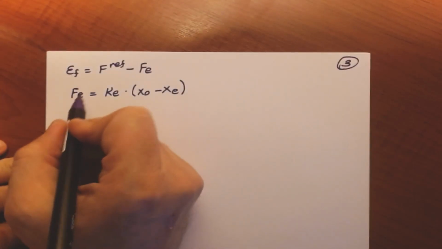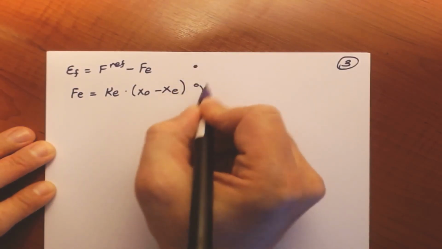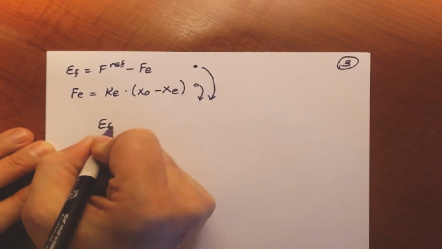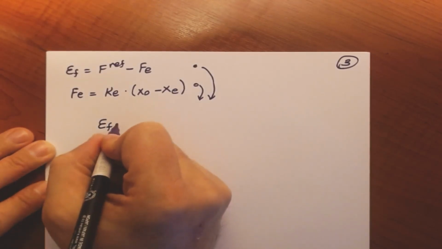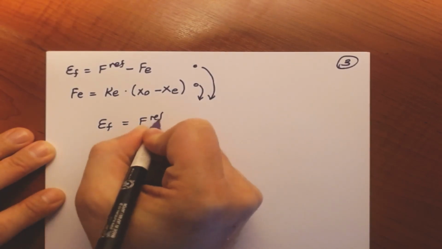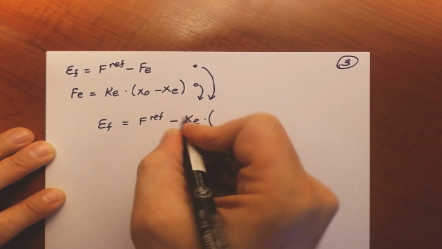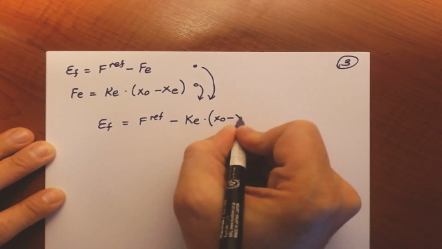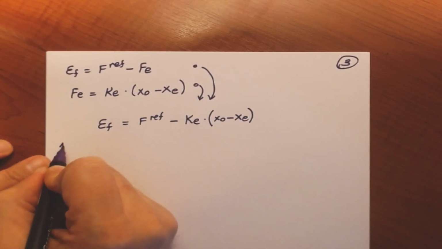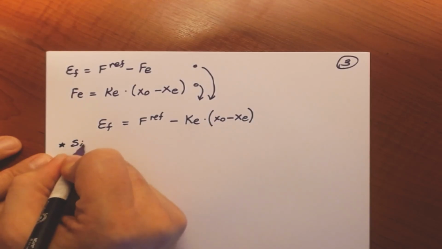Well, with this scenario, I can take that equation and this equation and write it as EF, the force error to be taken to 0 value, is equal to F reference minus K environment times X naught minus X environment, right? Let's make some simplifications.